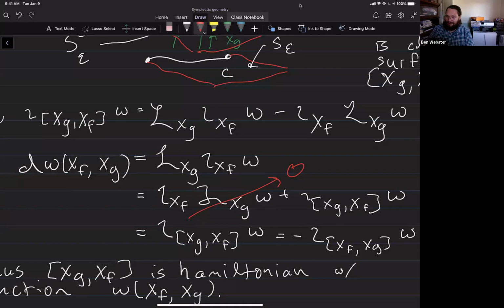So I'm going to swap them and get minus contraction with the Lie bracket of Xf and Xg. So there's a bunch of annoying stuff about what order things come in here. I suspect this is one of these things where, in two different branches of mathematics, people made two different conventions, and we've all had to suffer since.